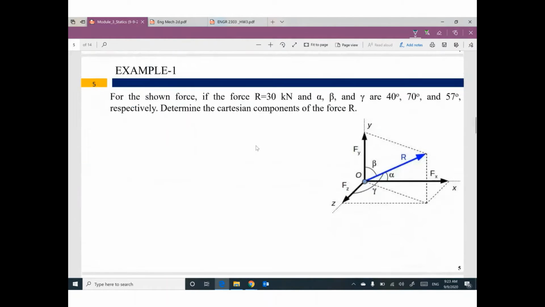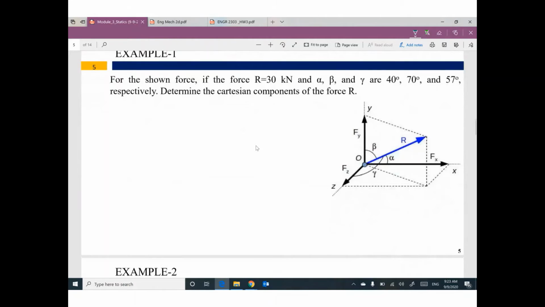Let's do it here. We have an example. We have a force R called 30 kilonewton. Given alpha equal 40, beta equal 70, gamma equal 57. We need to convert this force R to a vector.